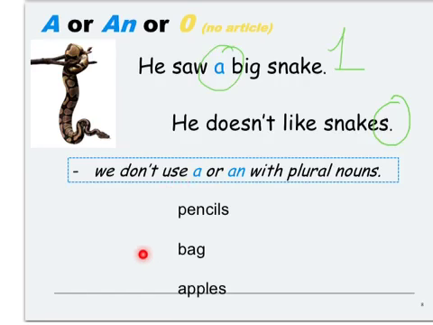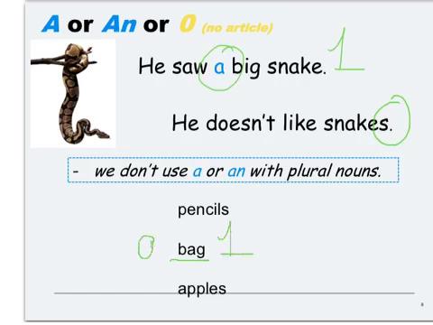Look at the words below. Which of these words do you need to use a or an in front of? Only one of the words needs an article, and that's bag, because there's only one and it's countable.